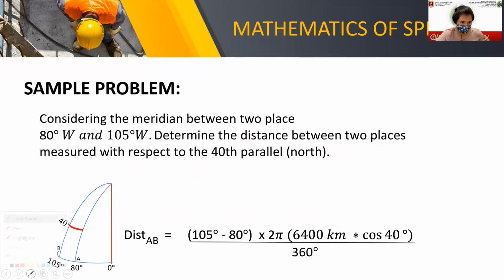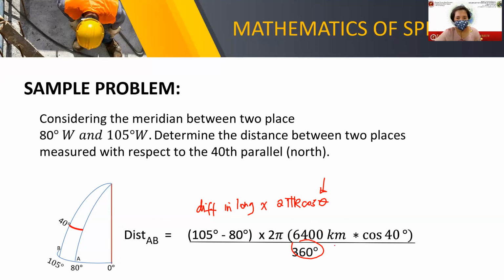We have here the difference in longitude times 2 pi r cosine of theta, where theta is the latitude of that parallel, divided by the circumference of the sphere. If you simplify this formula, this is 105 minus 80 times 2 pi r cosine of 40.